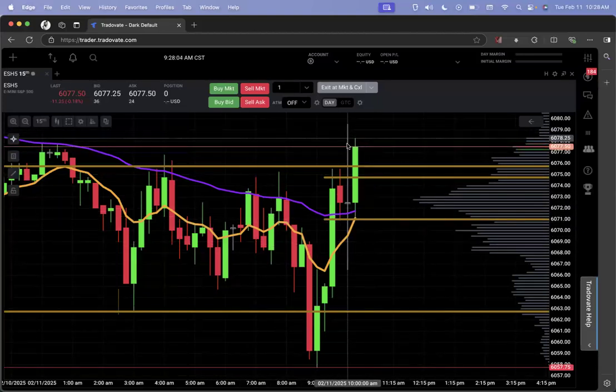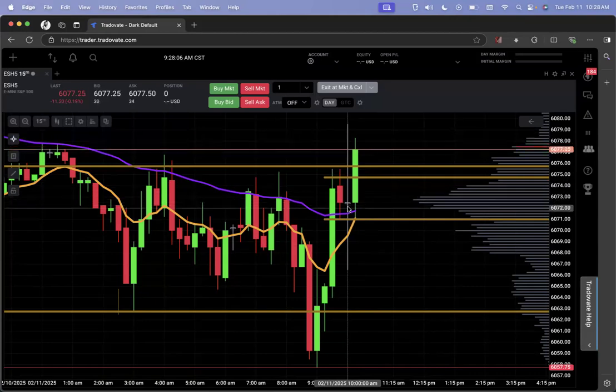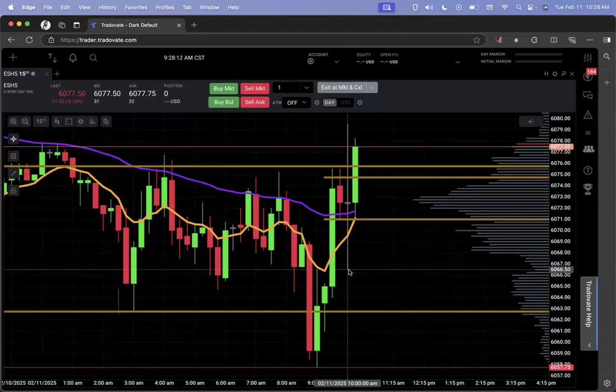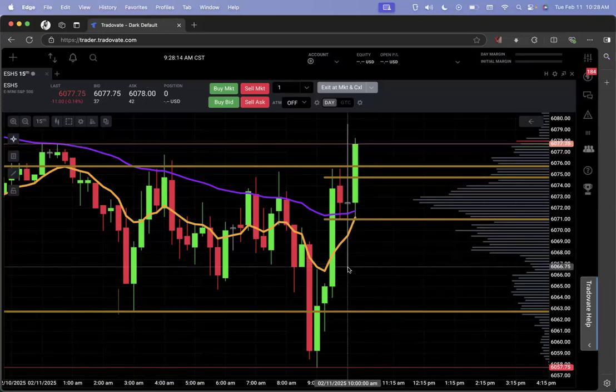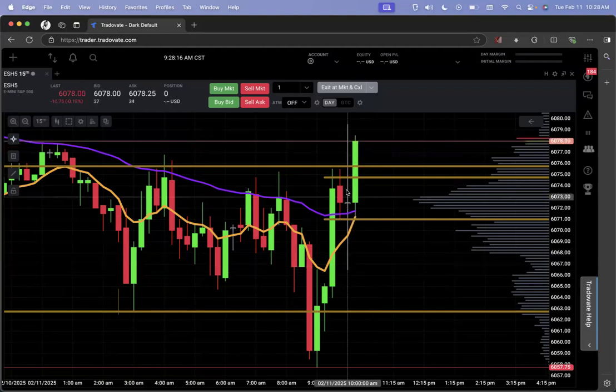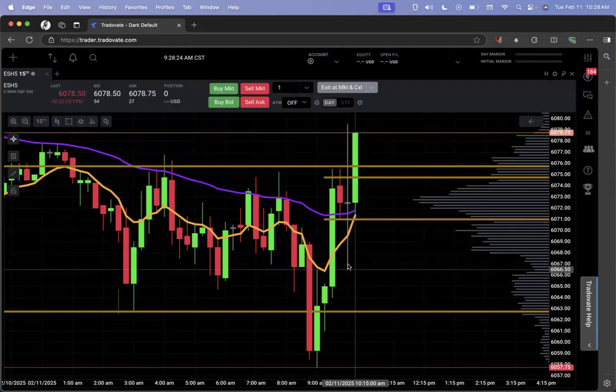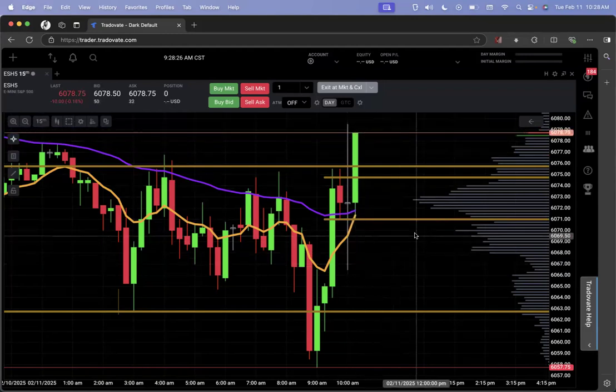Look at this 15-minute candle. This is a news candle, and it was a doji. I want you to think about what you're looking at right here. This is a 12-point candle and it's a doji, meaning it literally went both directions. A 12-point doji candle.